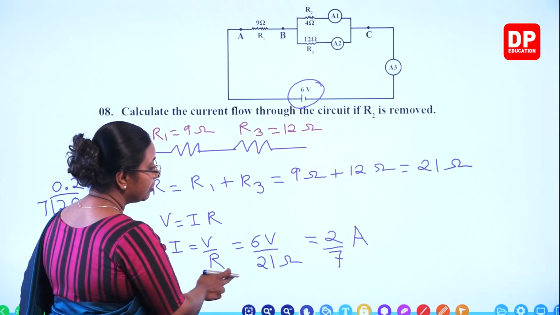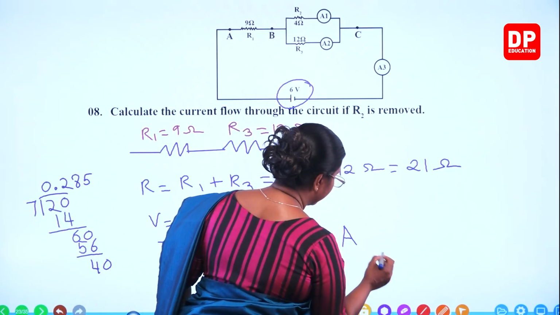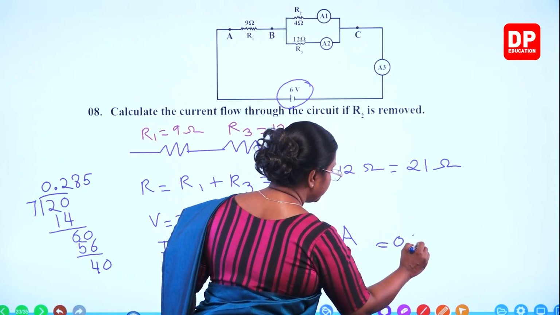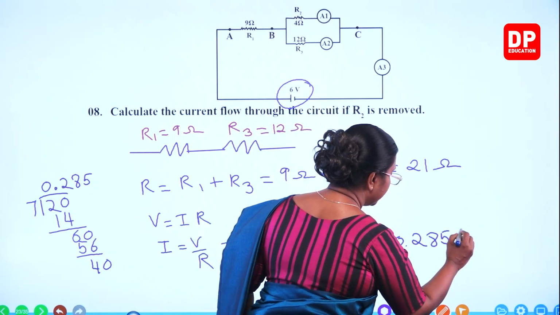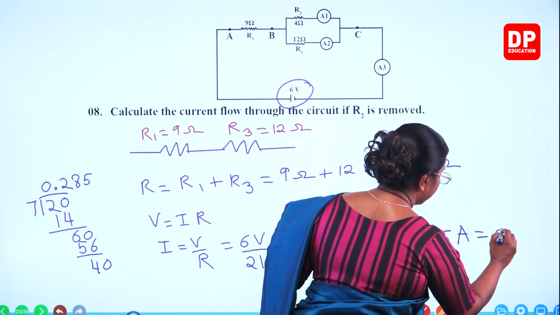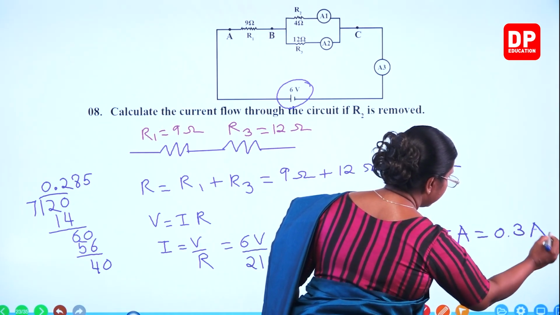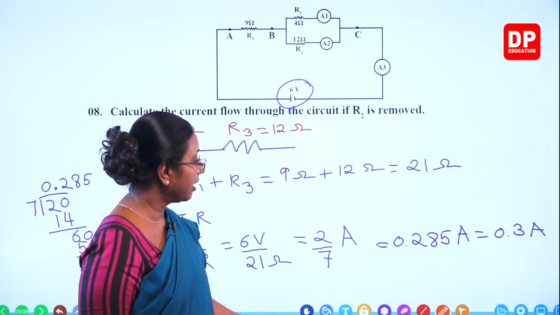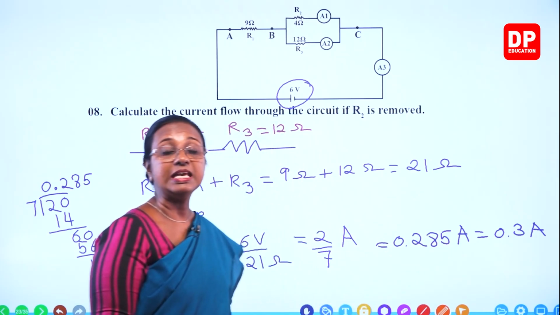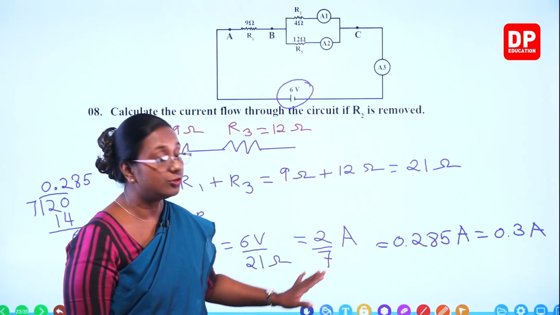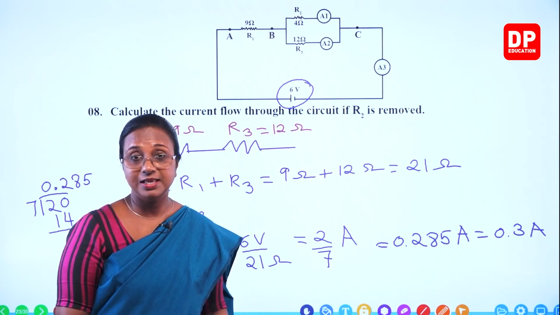I will round it off to the first decimal value. 0.285 amperes can be taken as 0.3 amperes also. We don't have to go into so many decimals. You all just need to understand what happens here.